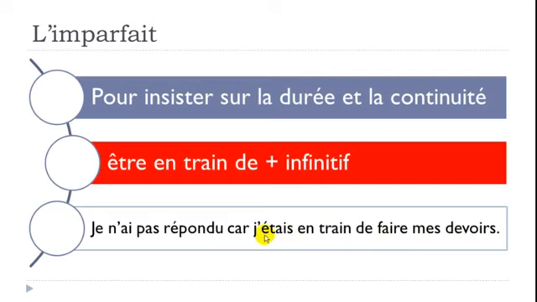So that's the reason why we use this j'étais en train de faire, so était en train de, as we saw here, okay? So you will have to use this verb être, okay? But then at the imparfait form, of course, okay?